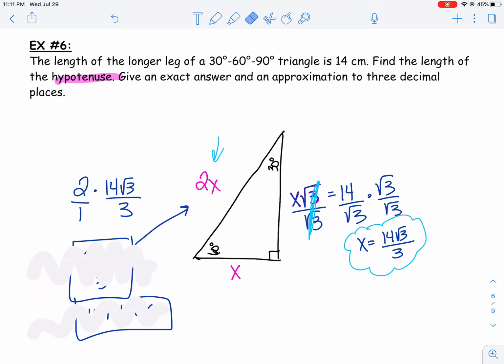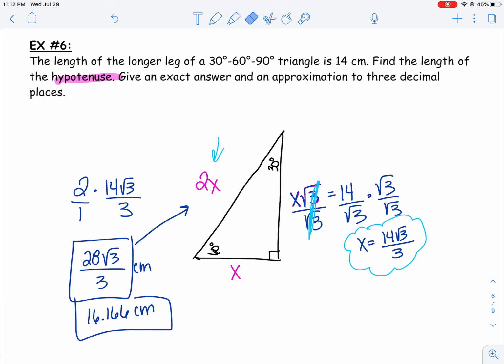So multiplying my numerators together, remember that outsides go with outsides and insides go with insides, I multiply the 2 times the 14 and say that I have 28 times rad 3 in my numerator. On my denominator, 1 times 3 is 3. So I can say that my hypotenuse is 28 rad 3 over 3 centimeters. Or I can put that in my calculator and say approximately 16.166 centimeters for my hypotenuse.